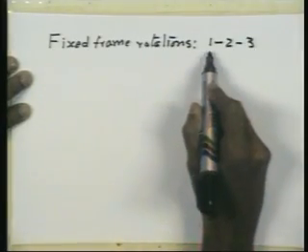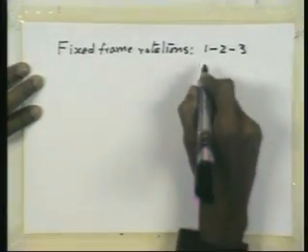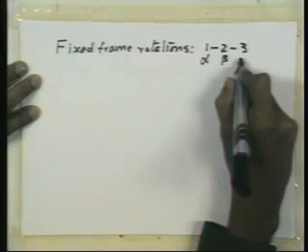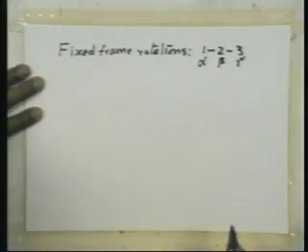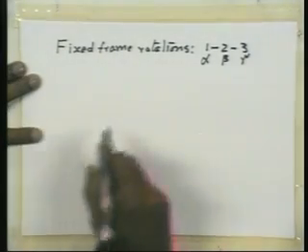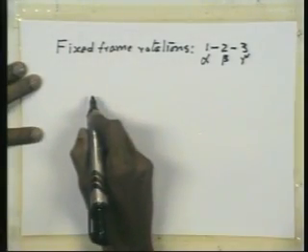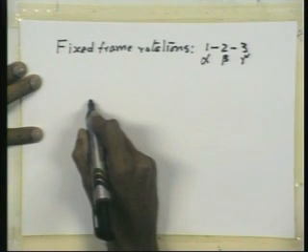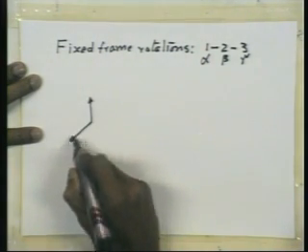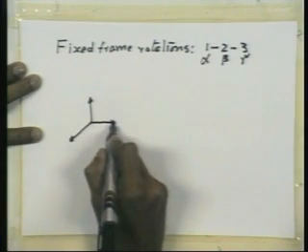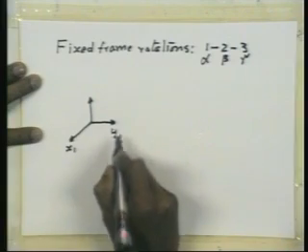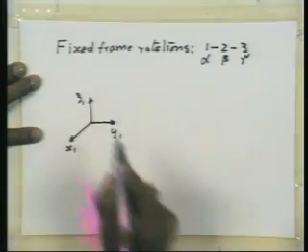So about the fixed frame x, y and z axes by angles, let's say alpha, beta and gamma, right? So let us start. Let's call this x1, y1, z1.